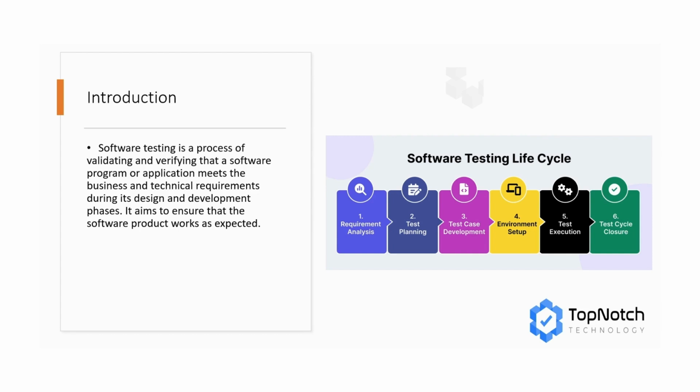The first stage in the software testing life cycle is requirement analysis. After we get the requirements from the client, we will analyze these requirements with the developers and the project manager. So the quality engineer, the developer and the project manager meet together to analyze these requirements.